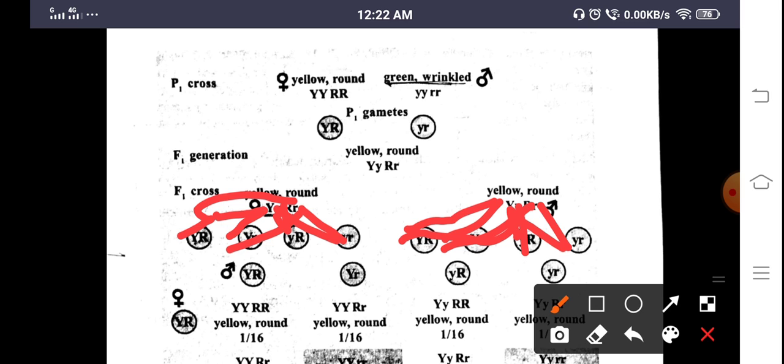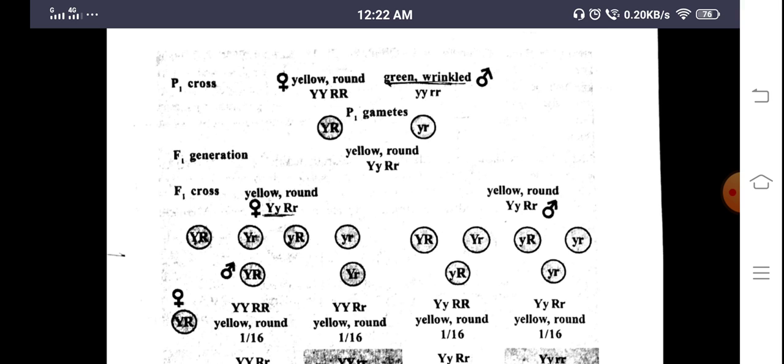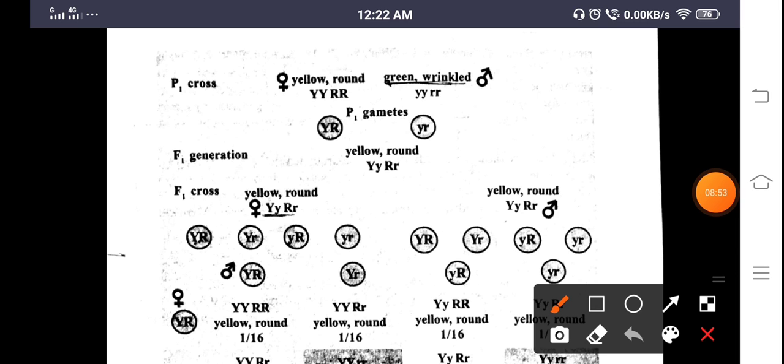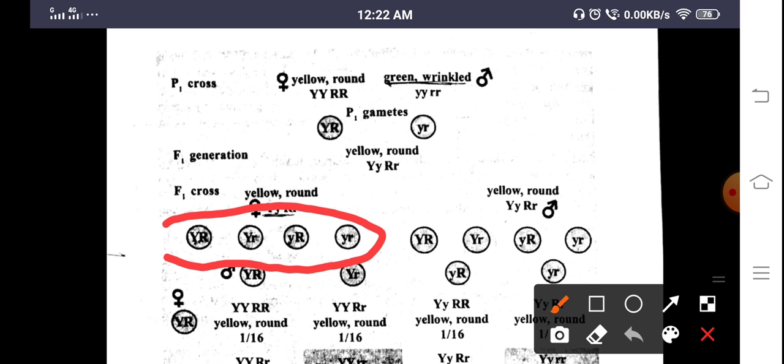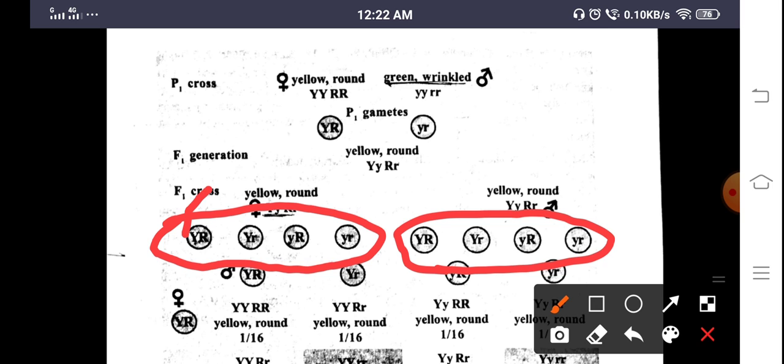So again, these gametes we have to cross, and each gamete we have to cross with 4. For example, these 4 are female gametes and these 4 are male gametes. Each male gamete has to fuse with 4 like this.